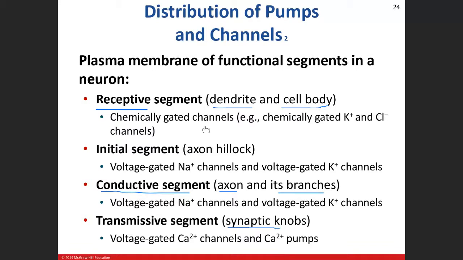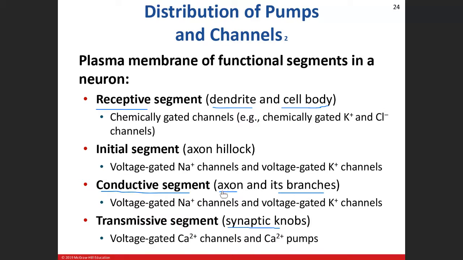They're not going to have calcium ion pumps. They're not going to have voltage-gated calcium channels. You will only find chemically gated channels here. An example is the chemically gated sodium and the chemically gated potassium channels. You'll also see a new one, chloride: chemically gated chloride channels.